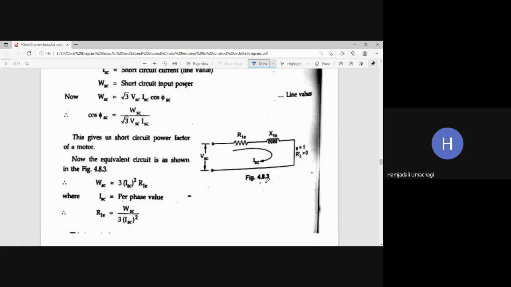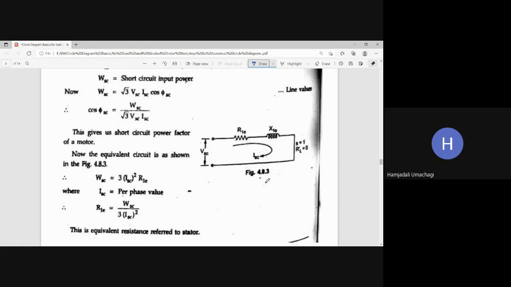So now we also know the copper loss formula. Copper loss is nothing but the I squared R loss. For a three-phase machine, it will be written as WSC equal to 3 times ISC squared R1E. So this is nothing but the copper loss. Here ISC is the per phase value, and we have the information of ISC from the ammeter.